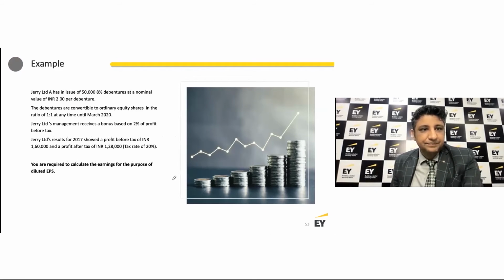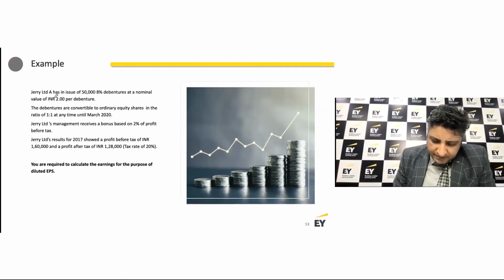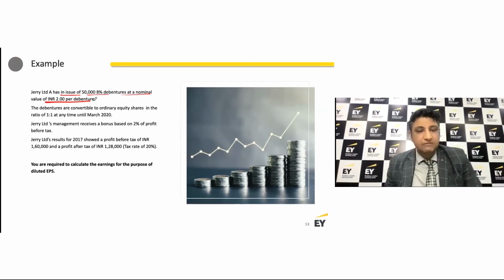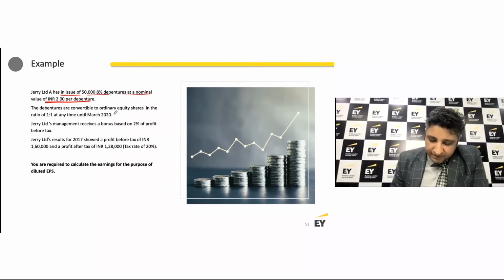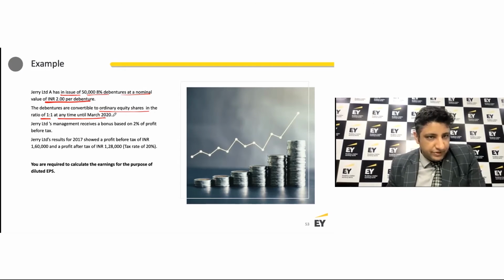It says that Jerry Limited has issued 50,000 8% debentures at a nominal value of 2 rupees per debenture. Now, these are converted into ordinary shares in the ratio of 1:1 at any time until March 2020.